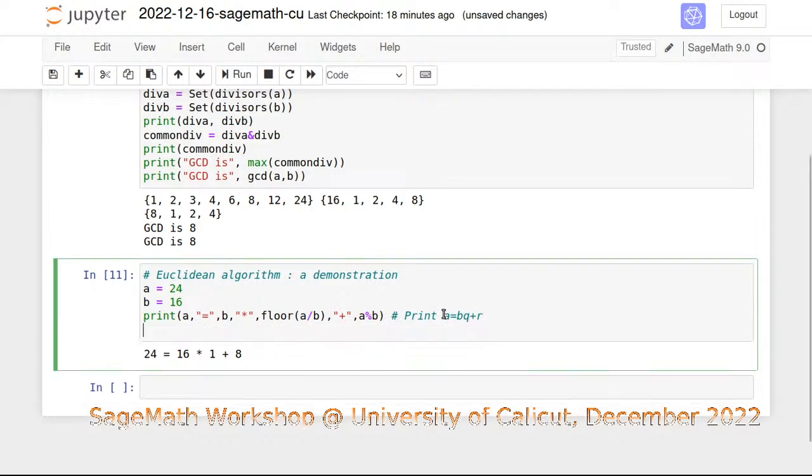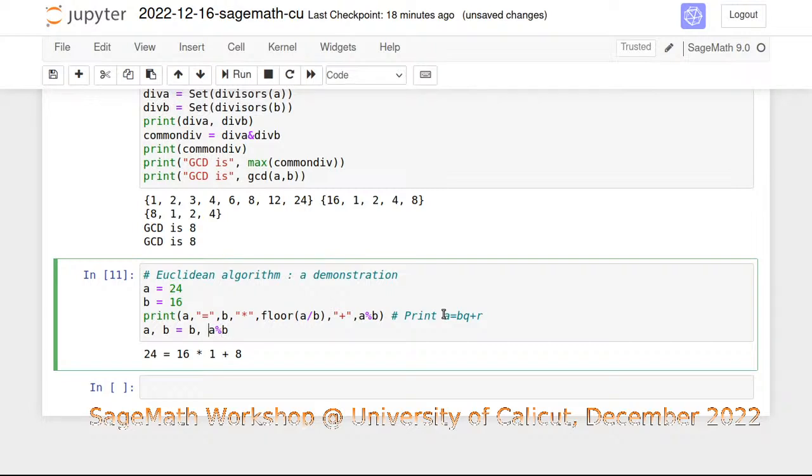So what is the next step that we are supposed to do? In the next step, we are supposed to replace a with b and b with r, where r is a percentage b. Next step: a, b gets replaced with b, a percentage b.